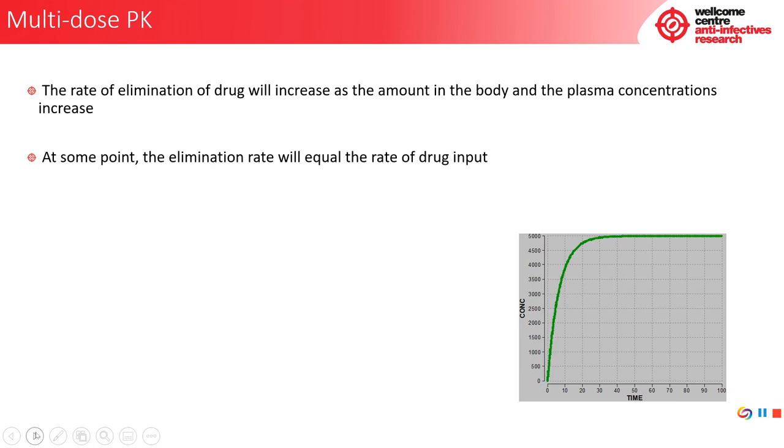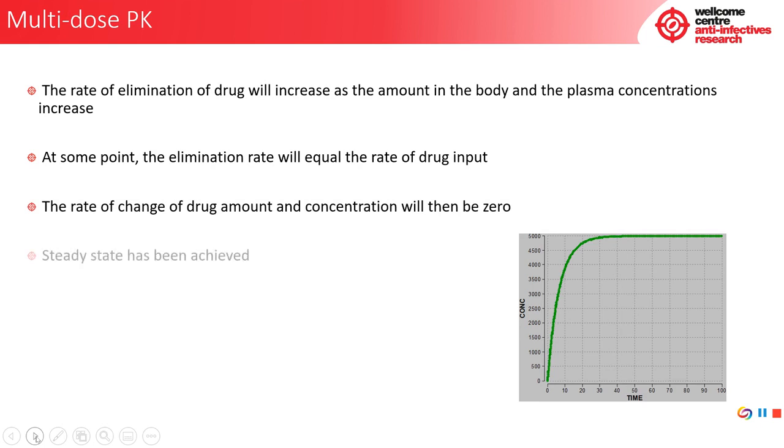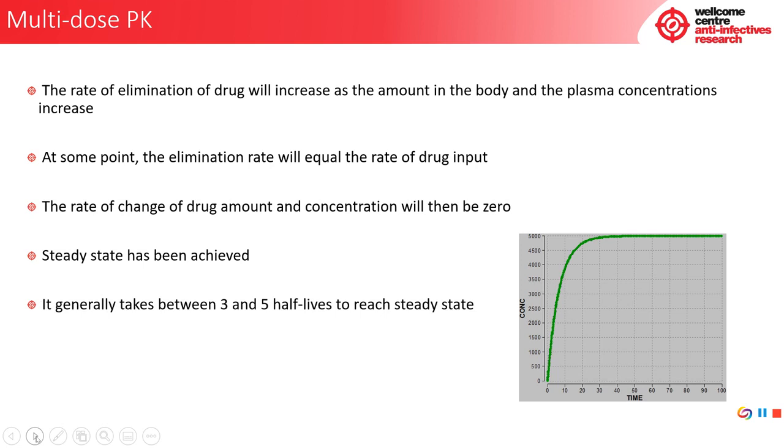At some point, the elimination rate will equal the rate of drug input, and the rate of change of drug amount and concentration will then be 0. When this happens, steady state has been achieved. It generally takes between 3 and 5 half-lives to reach steady state.